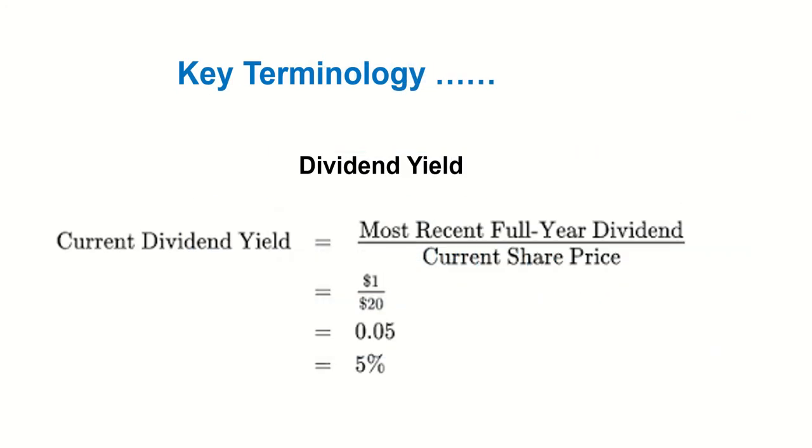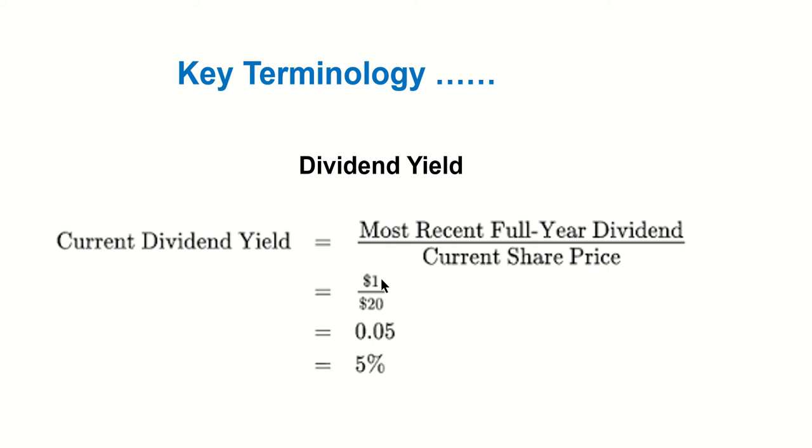So how can dividend be defined? Usually when you evaluate an ETF or stock, you will see a number, a dividend yield, of 5% or 2% or maybe 1.5%, right? The way you interpret that is the most recent full year dividend.